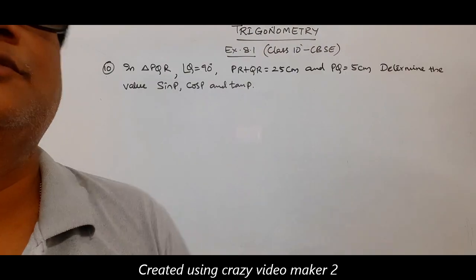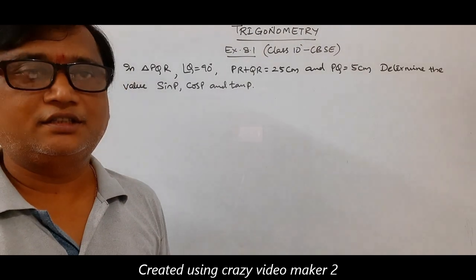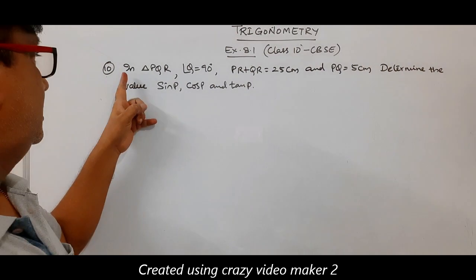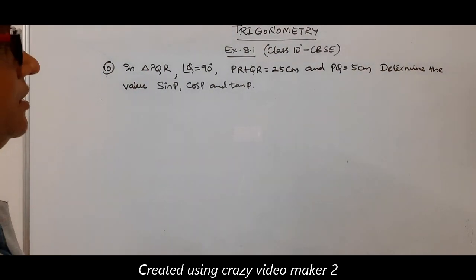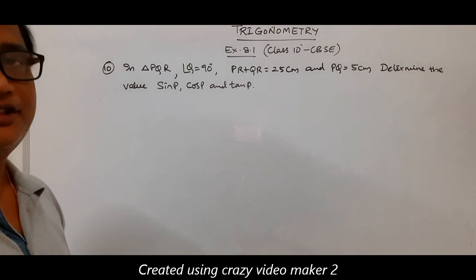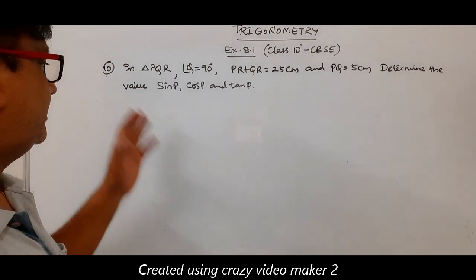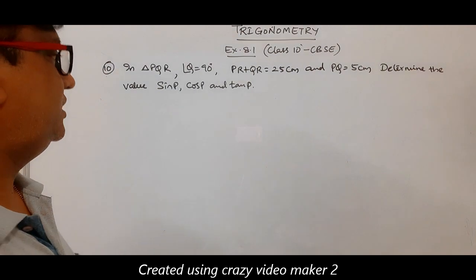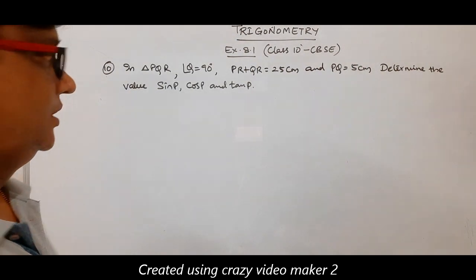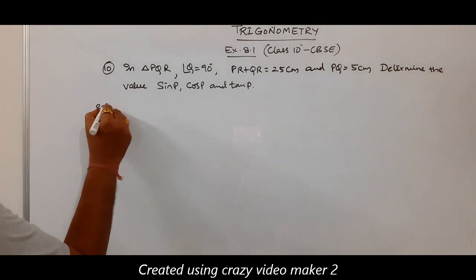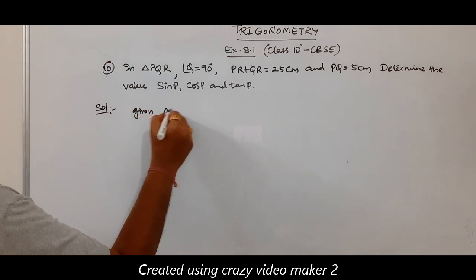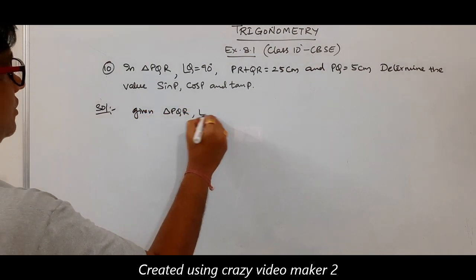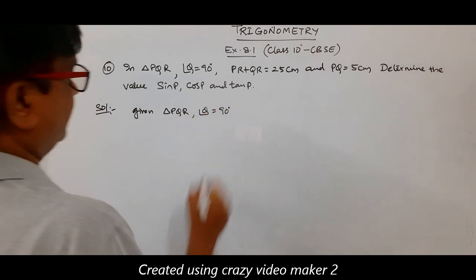Okay. In this question, in triangle PQR, angle Q equal to 90, PR plus QR equal to 25 centimeters and PQ 5 centimeters. Determine the value of sin P, cos P and tan P. Solution: given triangle PQR, angle Q equal to 90 degrees.